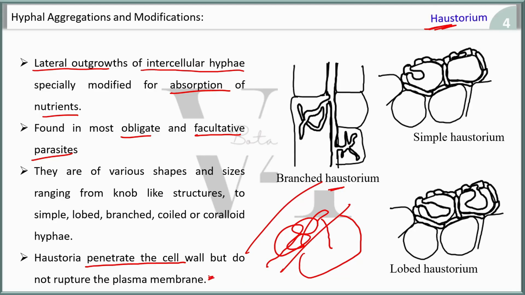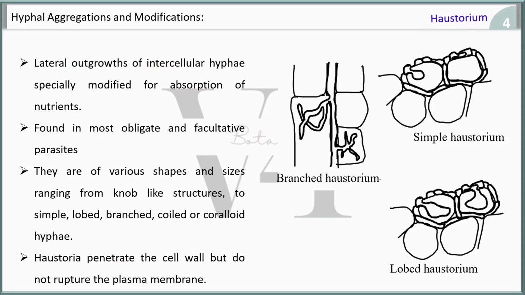And if the plasma membrane gets ruptured, meaning what? The cell is going to die and it is no longer beneficial or useful for this fungus. Hence, whenever Haustoria are formed, they penetrate the cell wall but do not penetrate the plasma membrane. Haustoria can be found in various types, like simple Haustorium, branched Haustorium, and lobed Haustorium.